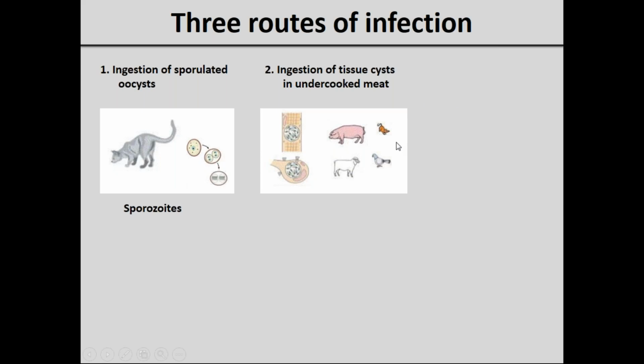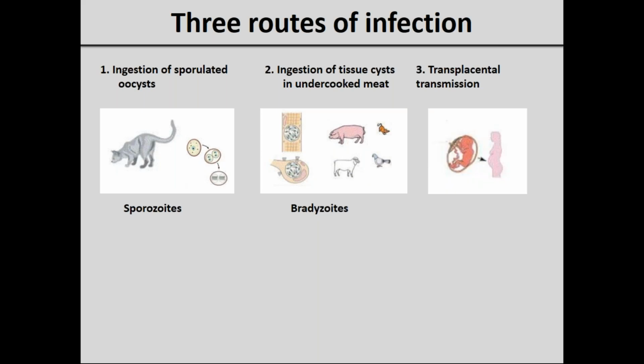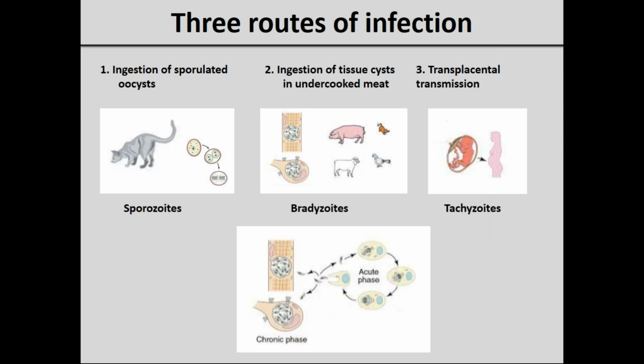Animals that have been implicated as important sources of Toxoplasma infection in humans include pigs and sheep. For the cats, they most likely become infected from birds and small rodents. And the third is via transplacental transmission, and that is the tachyzoite stage crossing into the fetal bloodstream.